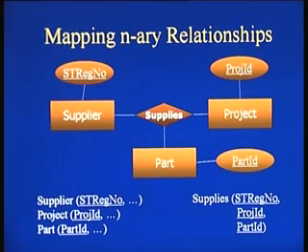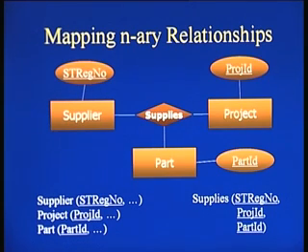How do we map n-ary relationships? Until now we have been looking at binary relationships. What happens when there are n-ary relationships and different entities forming part of the relationship? The slide here shows such an example, the standard example of supplier supplies part to project. There is a supplier who is uniquely identified by the sales tax registration number, ST reg number, and there is a project that is uniquely identified with project ID, and there is a part that is uniquely identified by part ID, and then the supplies relationship which relates all of these three different entity types.